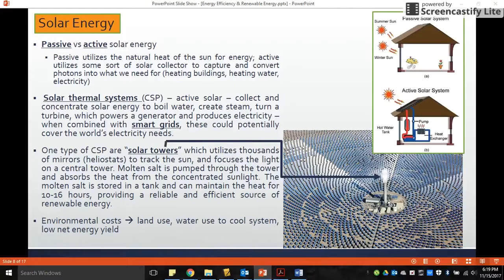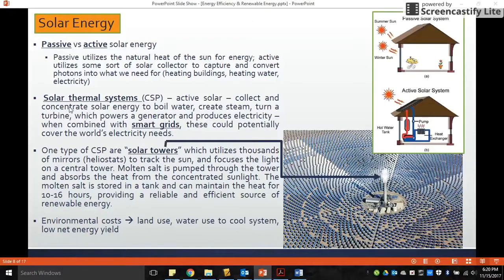So one of the ways that we have learned to utilize that passive solar system is to face our houses towards the south to collect the heat from the sun, or to use those solar water heaters on top of our roofs.